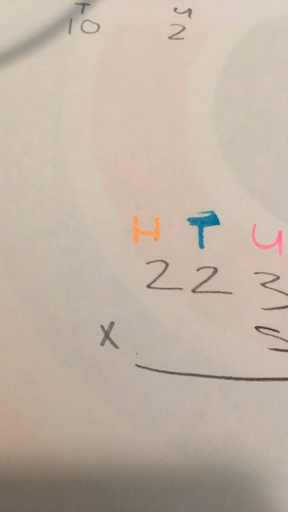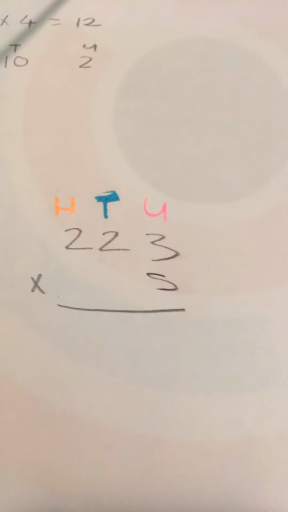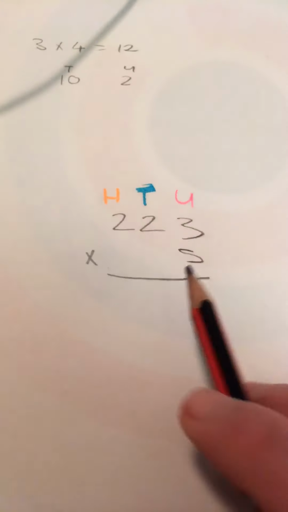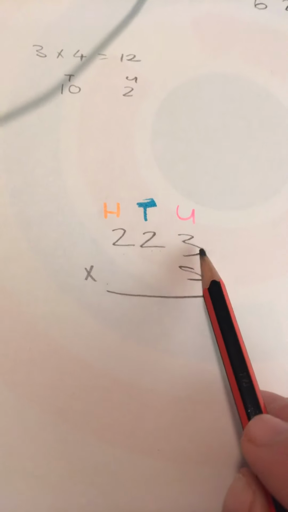So remember, if I'm breaking this up, basically the number 223 gets timesed with 5. But if I break it up, that means the number 200 gets timesed with 5. The number 20 gets timesed with 5, as well as the number 3 gets timesed with 5.